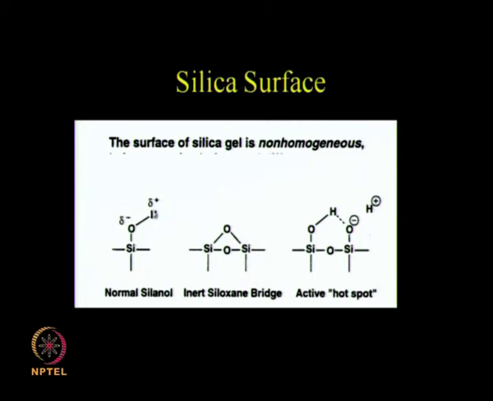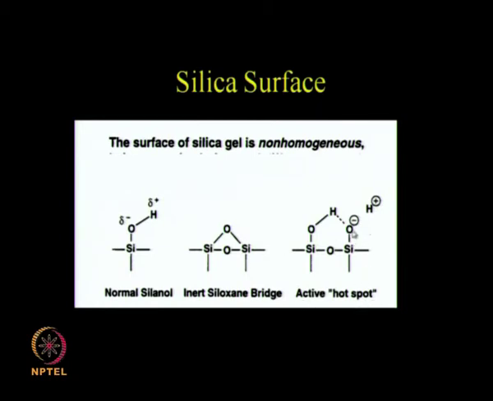This is going to create a problem. Another problem is that two adjacent silanols can form hydrogen bonds and H plus can get released, then you are in big trouble because you have protons in the continuous phase and a negative charge on the surface of your stationary phase.